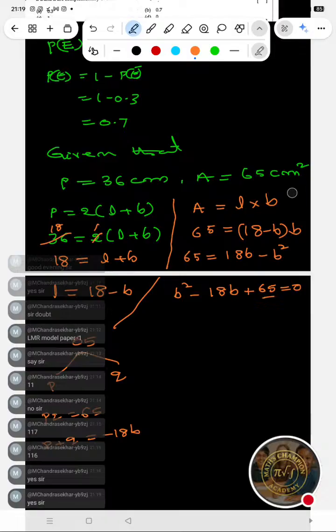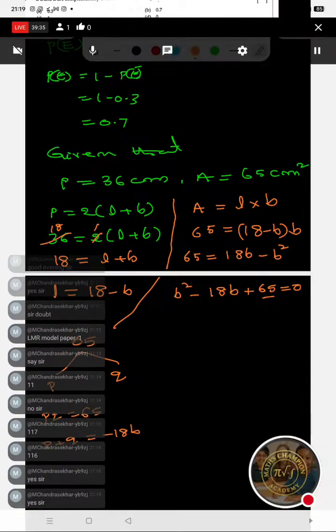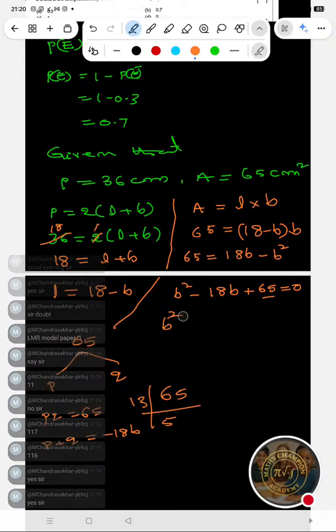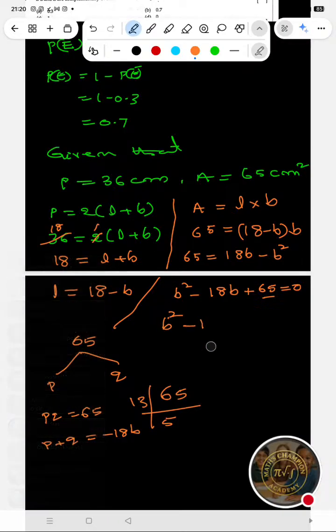Next, how will you write this? Look at 65. 13 fives, we can write 65. So we have to write B square minus 18B as minus 13B minus 5B.